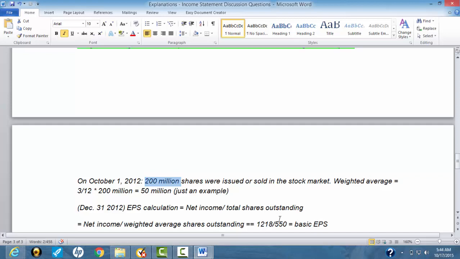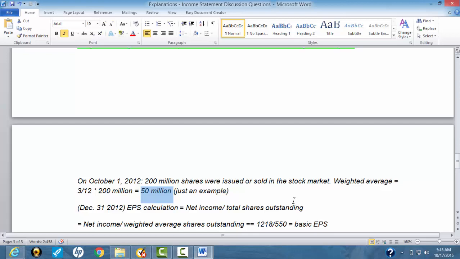And how do we weight the shares? We just do the calculation based on the proportion of the year it was outstanding. The shares were outstanding in October, November, and December. It was outstanding for 3 months out of 12 months. So 3 over 12 times 200 million, and the weighted amount will be 50 million.